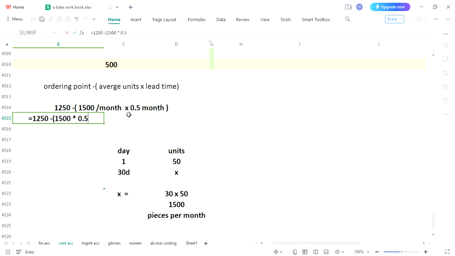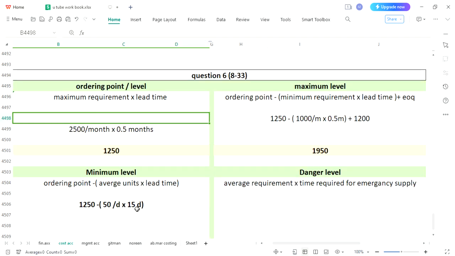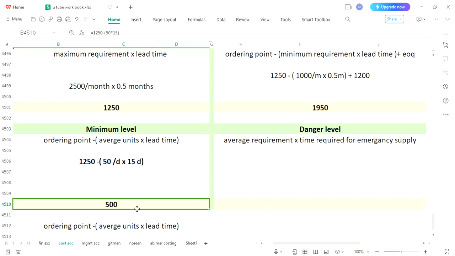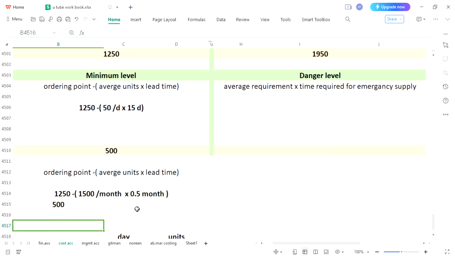So here you have got 500 again, and your original answer for minimum was also 500, and now you have calculated 500. So these are two different ways of calculating minimum level. You can calculate it on a daily basis and you can calculate it on a monthly basis. Minimum level has been calculated.